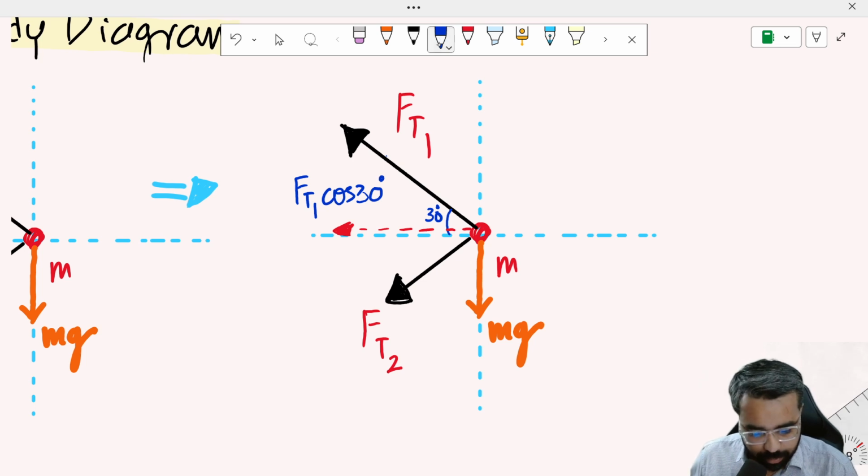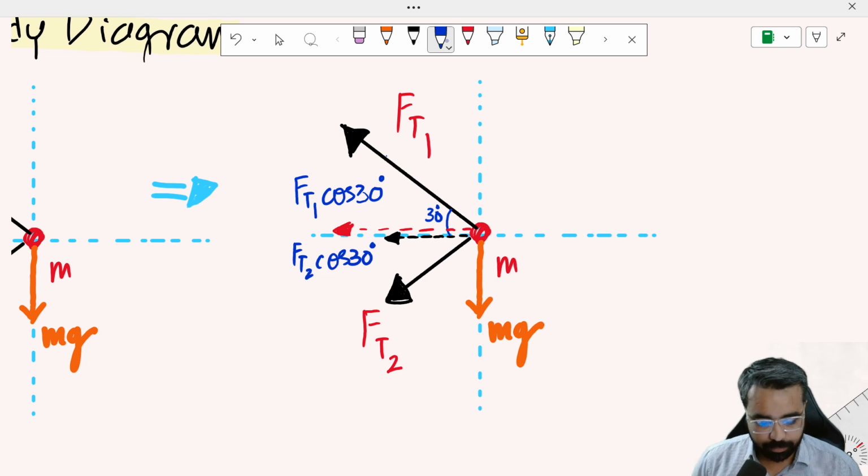In the same manner we have another force, the tension force x component, that is also directed towards the center. Don't forget that it is directed towards the center, and now we can say FT2 cos 30 degrees.